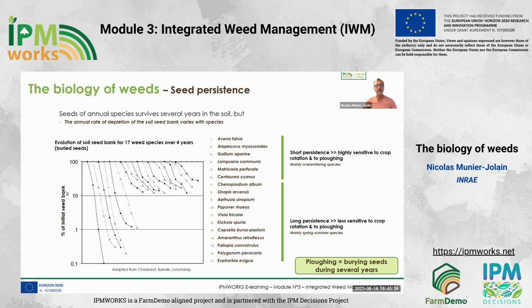As you can see here over those 17 weed species, you have two groups of species. On the left, you have a list of a few species that have a short persistence of seeds in the soil seed bank.